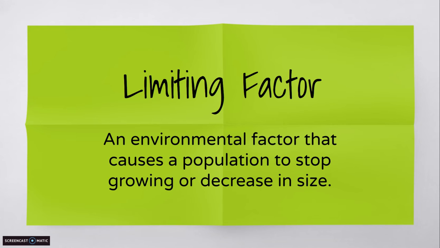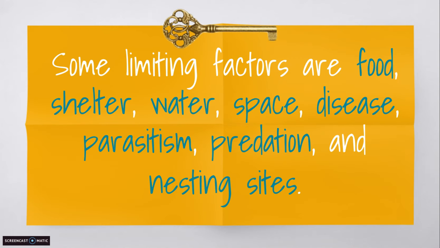There are very many limiting factors, and we're going to talk about them in this lesson. The key limiting factors we're talking about are food, shelter, water, space, disease, parasitism, predation, and nesting sites. It may seem like a lot, but it's really not.